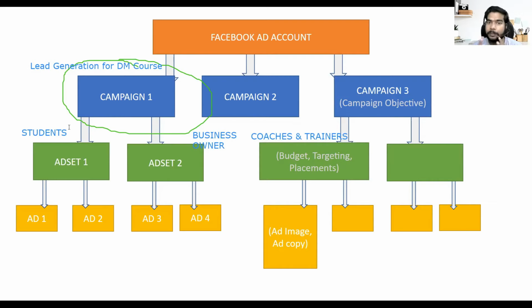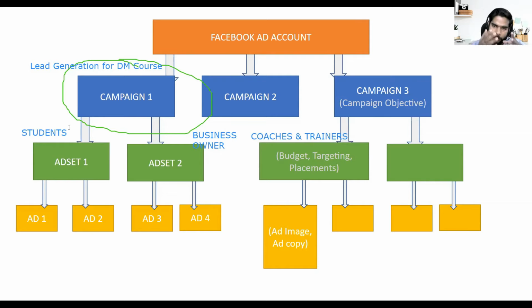Ad 3 and ad 4 are inside ad set 2, so those ads will be entirely different. I'll be talking to business owners: do you want to develop your business? Do you want to grow your business? Do you want to generate more leads? Are you not getting sales? If I keep all those things in the same ad set, let's say I keep all four ads, ad 1, ad 2, ad 3 and ad 4, in ad set 1, then everything will go to students.